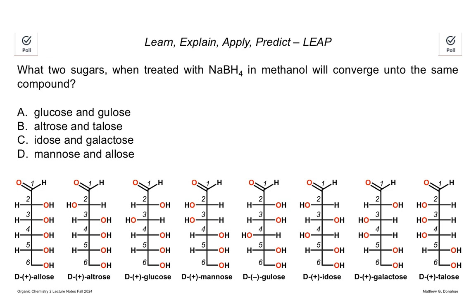So here's all of the 8 D sugars. The question is still using sodium borohydride to do a reduction. And it's saying when you reduce 2 of them, they will converge onto the same structure.